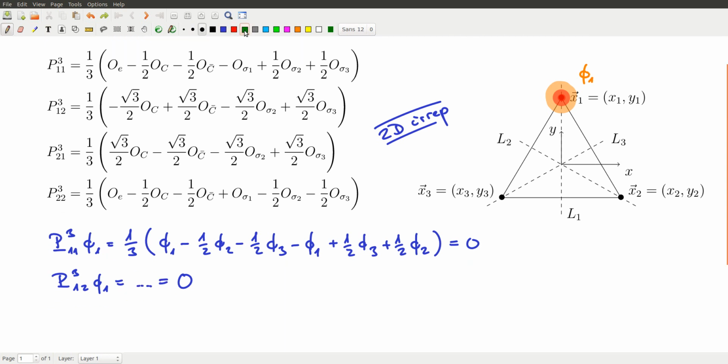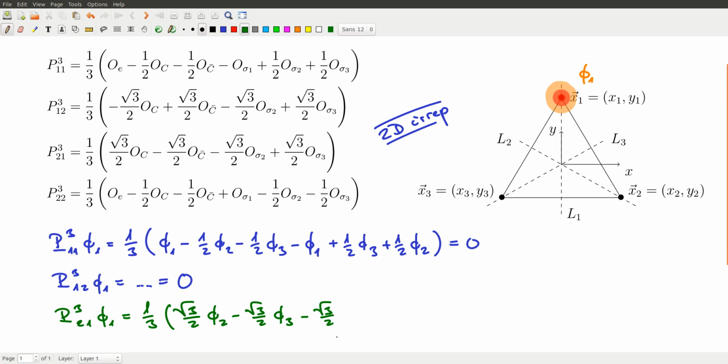Let's apply P^3_{2,1} to phi 1. Then we have 1/3 square root 3 over 2. So the clockwise gives a phi 2 minus square root 3 over 2. Anti-clockwise we get a phi 3 minus square root 3 over 2.